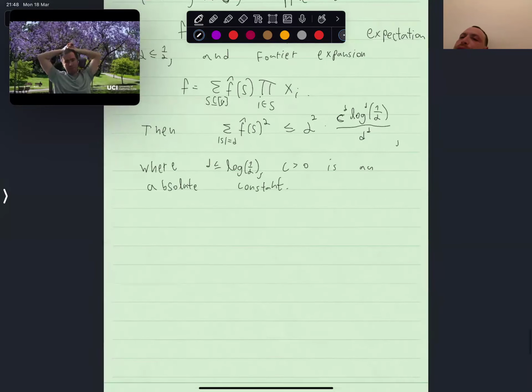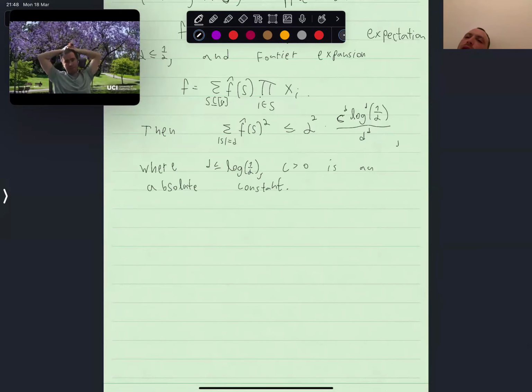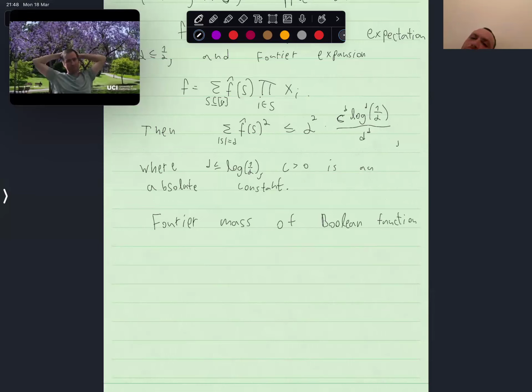And the way to think about it is that the Fourier mass of Boolean functions of small expectations is concentrated on the high degrees.